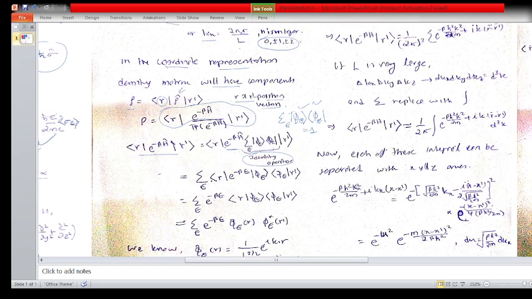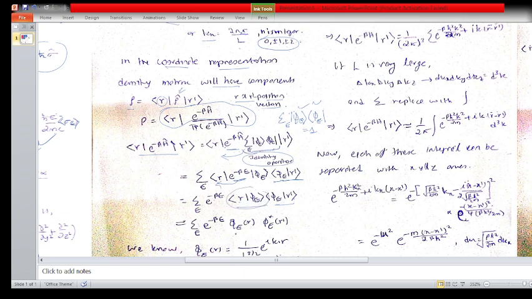Now we will take the sigma over e outside of this expression, and then we have r e raised to minus beta e acting on phi e, and we have phi e r dash here. Okay, and this e raised to minus beta e we can take outside, and take these two inner products, r phi e and phi e r dash. So what is this?